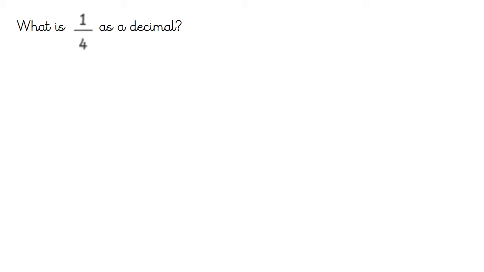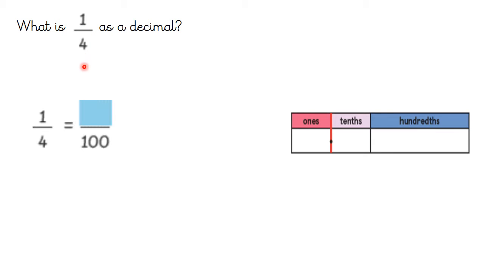Now remember, what we need to do is convert it into tenths or hundredths. Now we'll realise that when we're looking at quarters, our denominator is 4, and we can't turn this into tenths very easily, so we will turn it into hundredths.